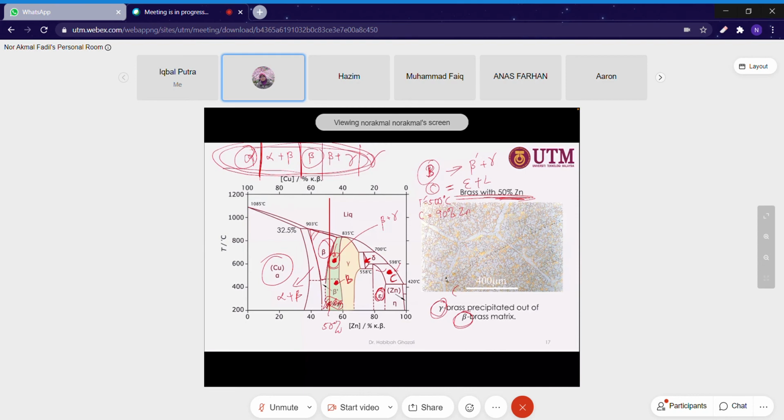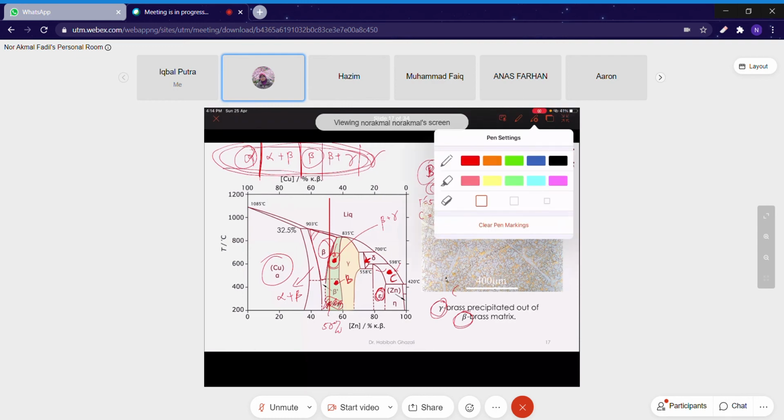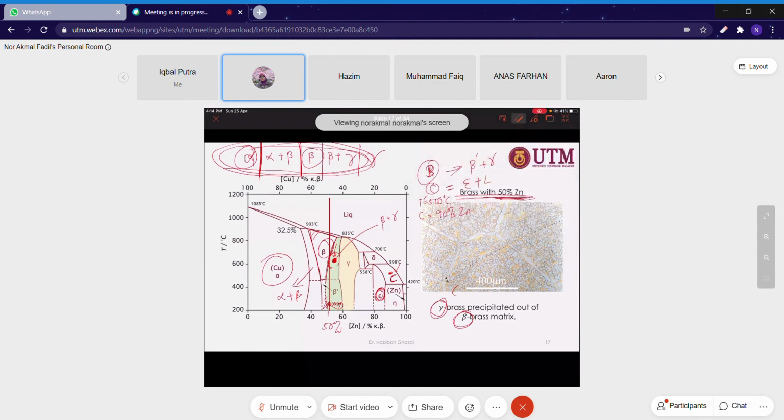All right, so now we talk about solid solution. There are other phases, which are intermetallic phases. So that's the reason why I corrected this point, which is the delta. Delta here does not belong to that point. It is actually at this point. So the region here is supposed to be delta.